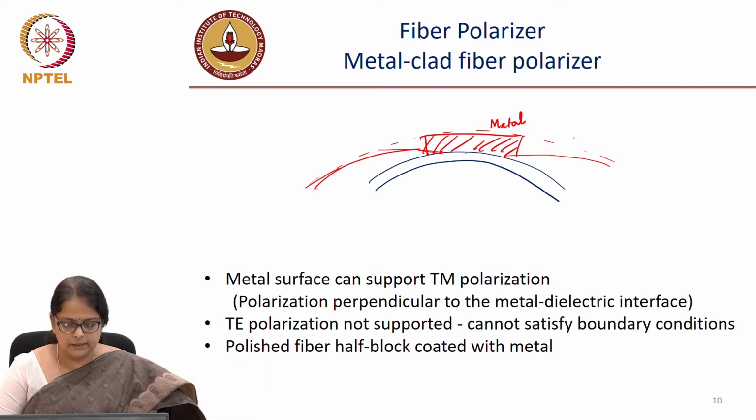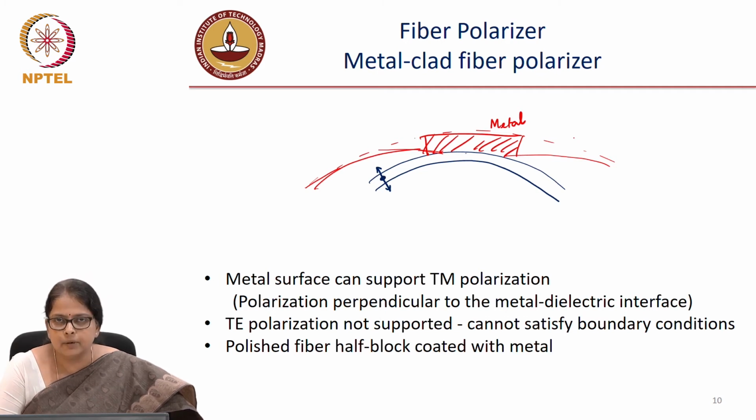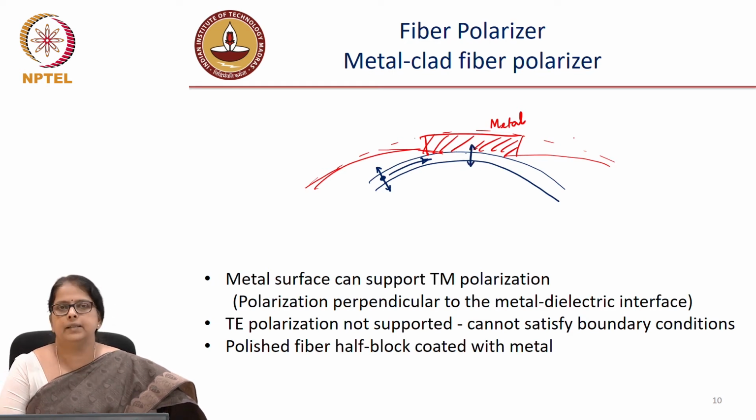Why are you coating with a metal? We know from our basic electromagnetics that the light propagating through the fiber has both polarizations, right? Let's say TE and TM polarization, transverse electric and transverse magnetic polarization. When this light reaches the metal, the boundary conditions in the metal allow only perpendicular polarization.